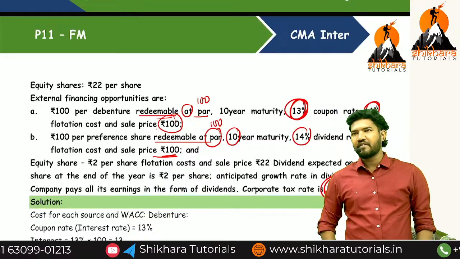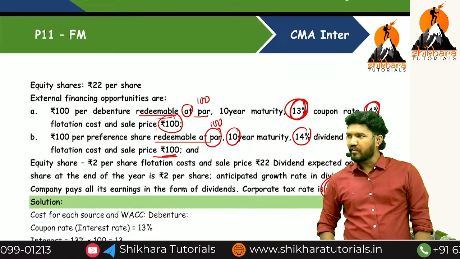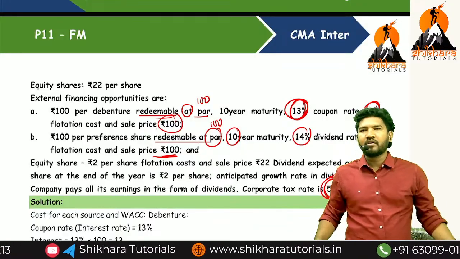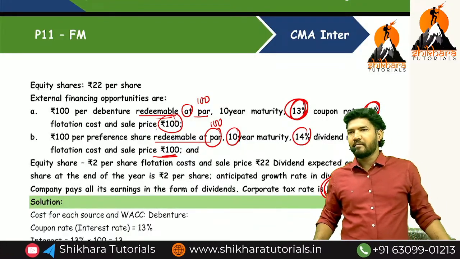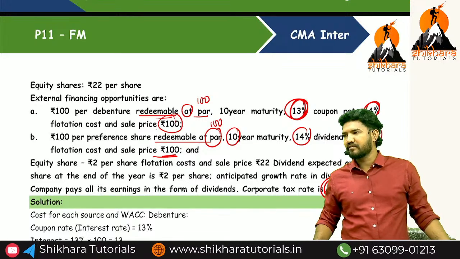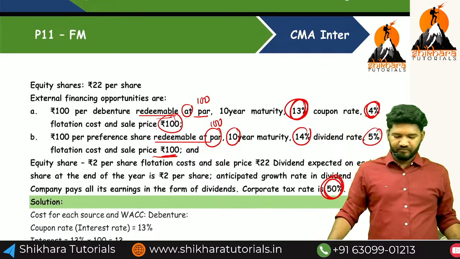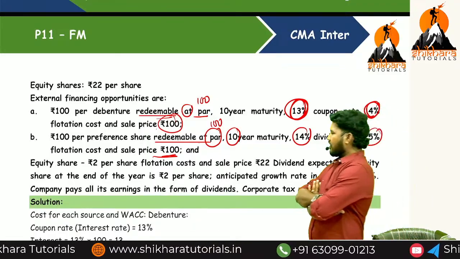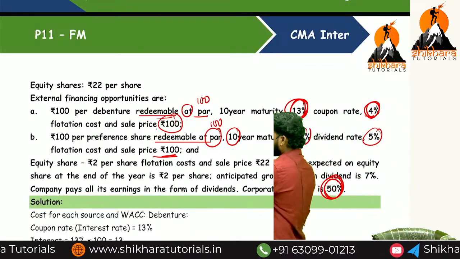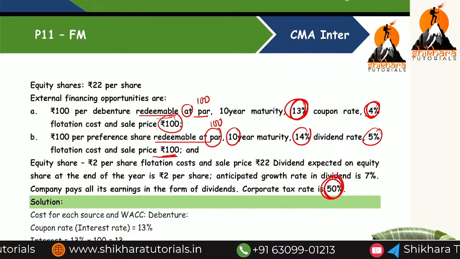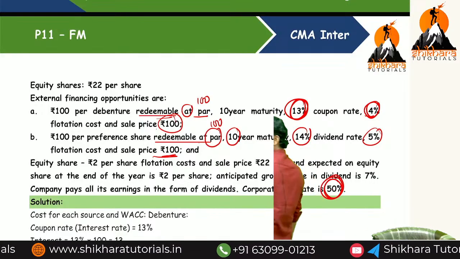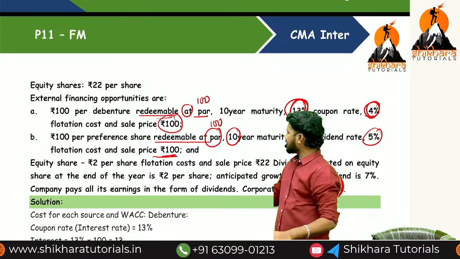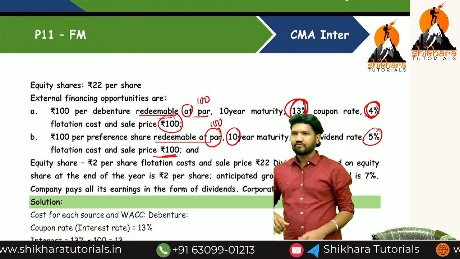Can I name it D1 or D0? D1. Growth rate? Completed: 2 divided by 20 plus 7%, that is 0.1 plus 0.07. You can observe they clearly mentioned they are selling at the market price of 22, out of which 2 rupees you have to pay as flotation cost. The same logic applies for point A and point B also.